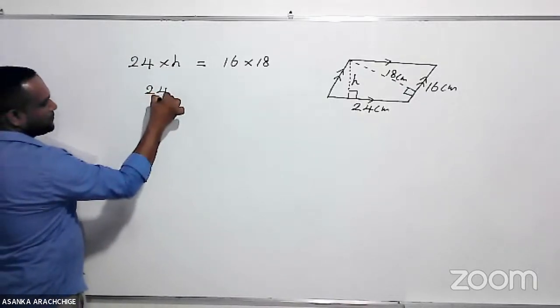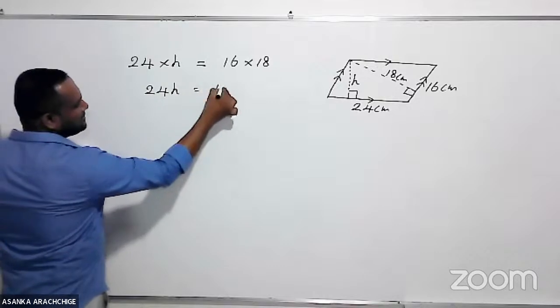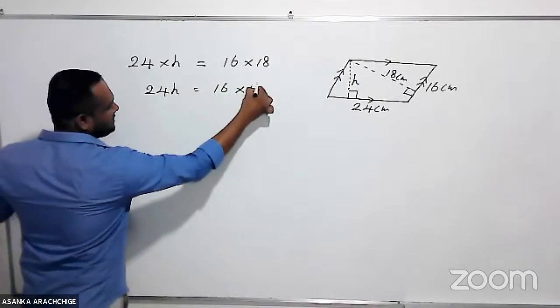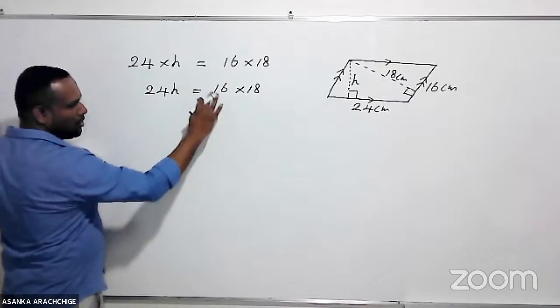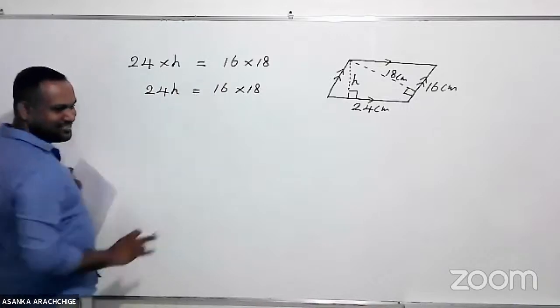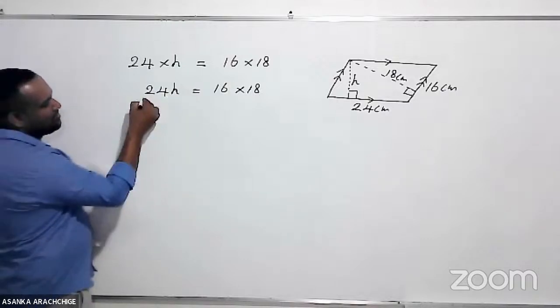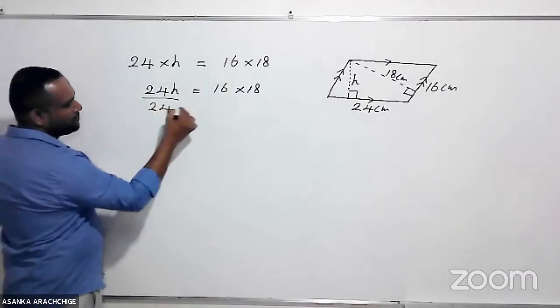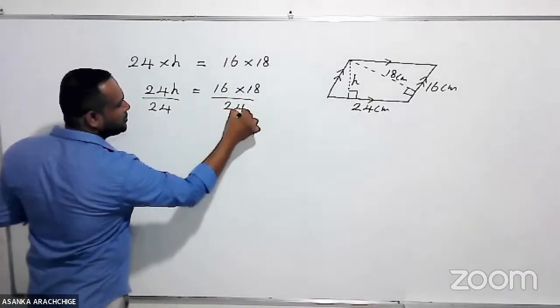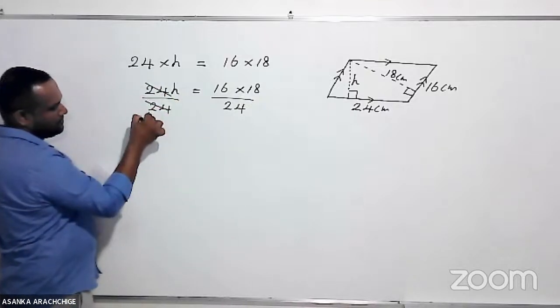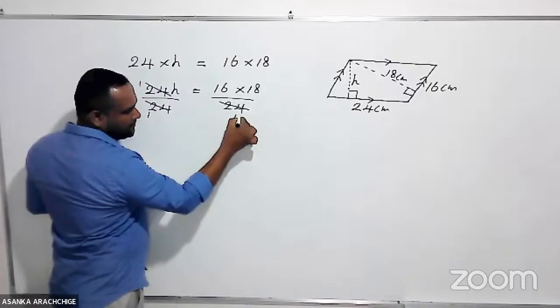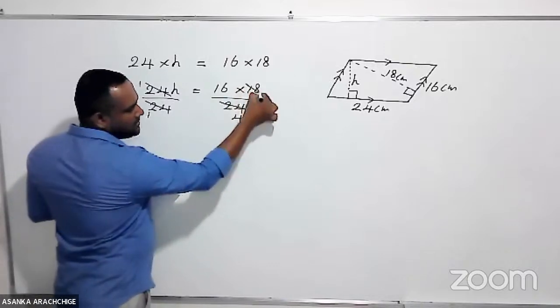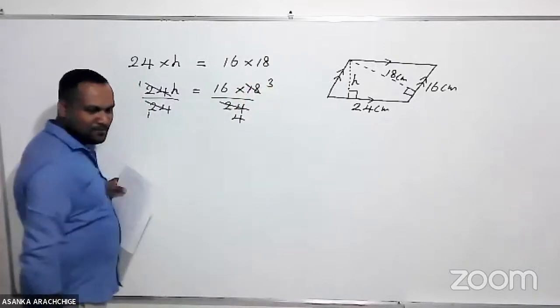24h equals 16 times 18. No need to multiply; you don't have to multiply to find the value. Now divide by 24. 6 times 4 is 24, 6 times 3 is 18.